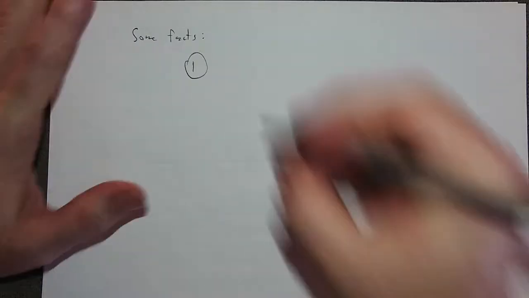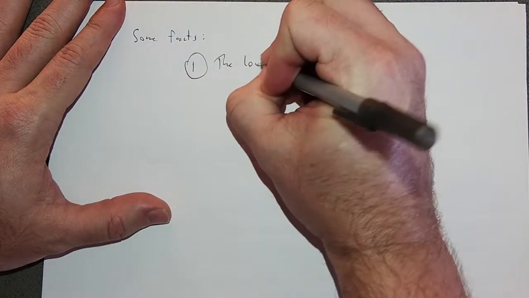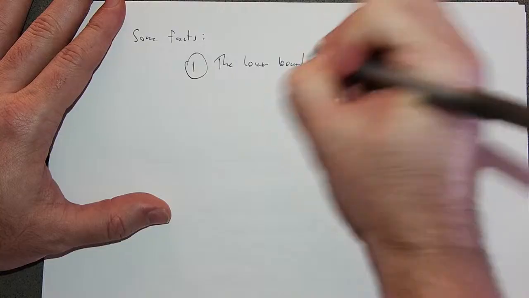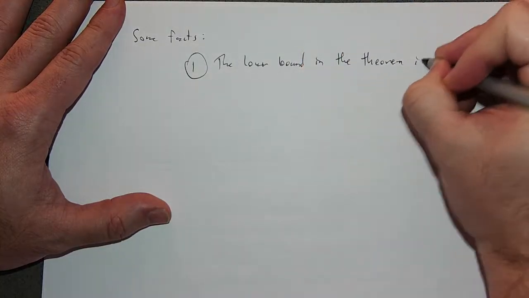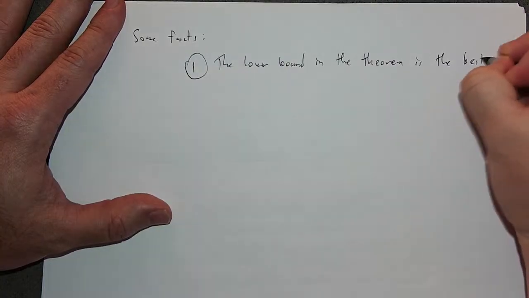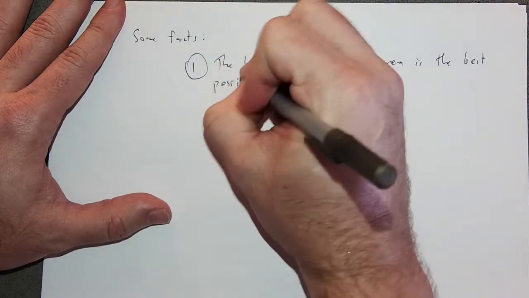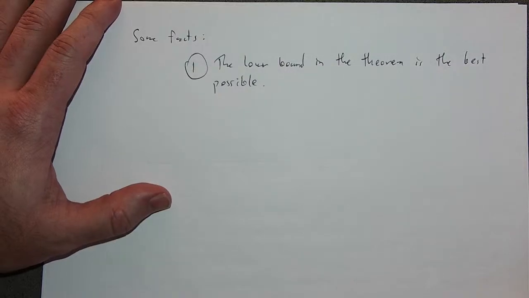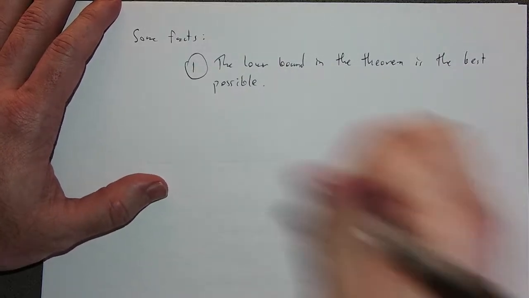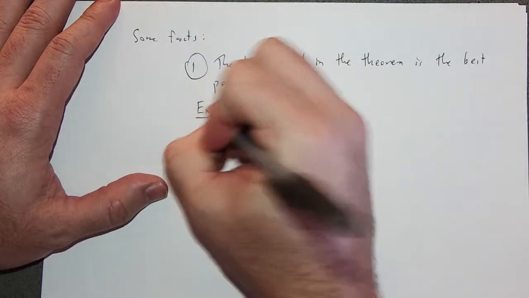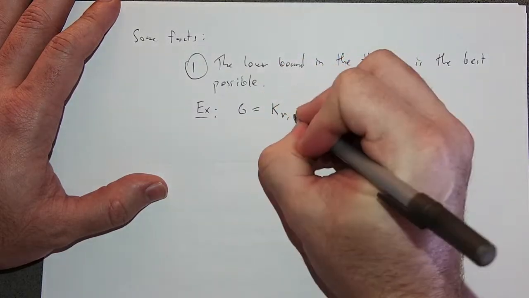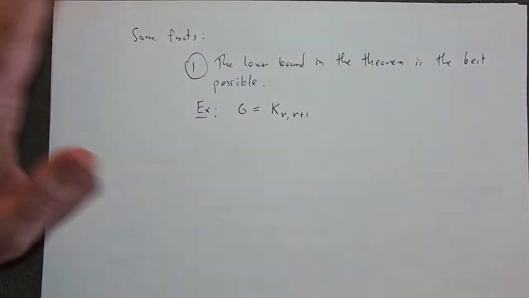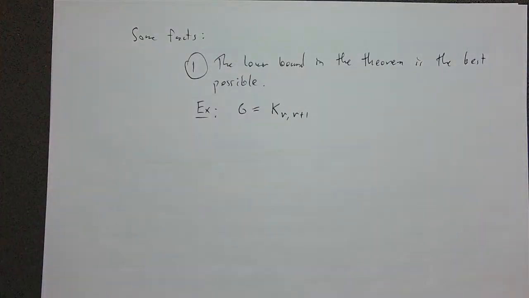One, the lower bound in this theorem is the best possible. To see this, take G to be the complete bipartite graph with partite sets of size R and R plus 1.